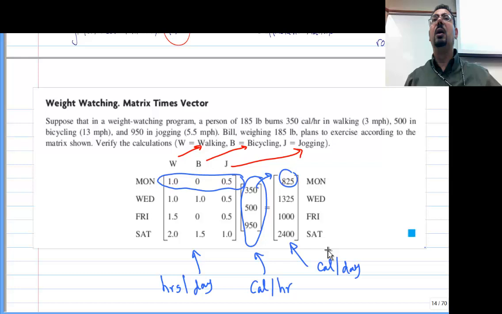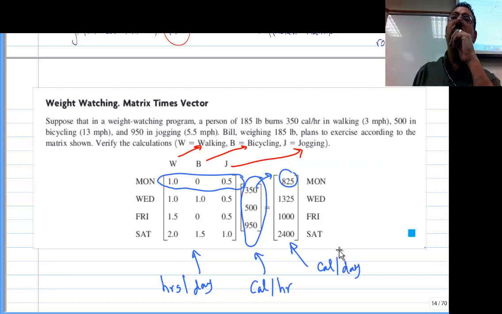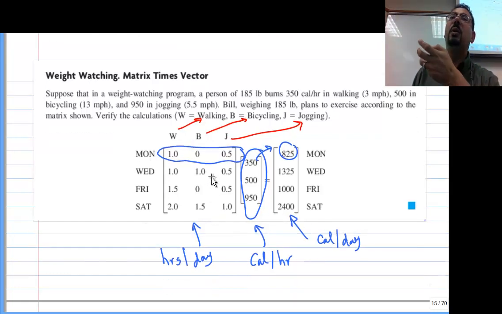Where else can they come from? Look at this example. These are 3 activities: walking, biking, and jogging. And this is the number of hours per day that you spend. On Monday, 1 hour here, 0 hours here, 0.5 hours there.